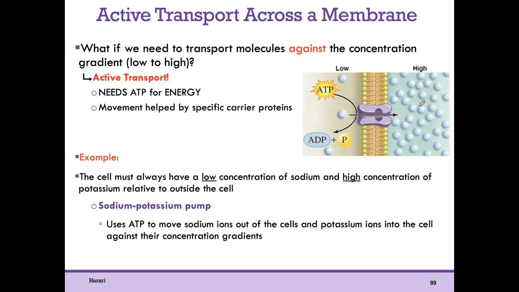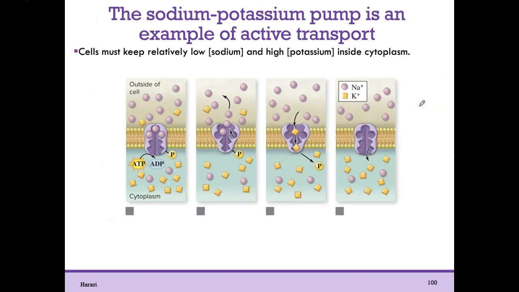And this protein uses ATP as an energy source to expel 3 sodiums out of the cell for every 2 potassiums it allows in. And almost half of all the ATP that we use goes to this one little protein. So this is incredibly important.